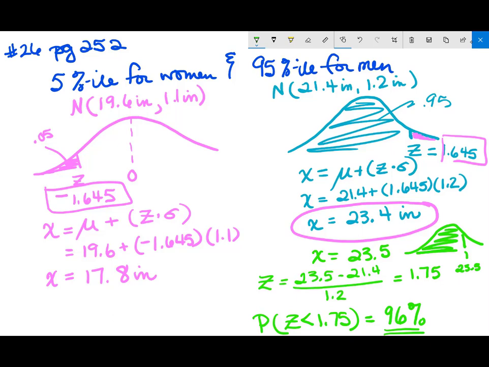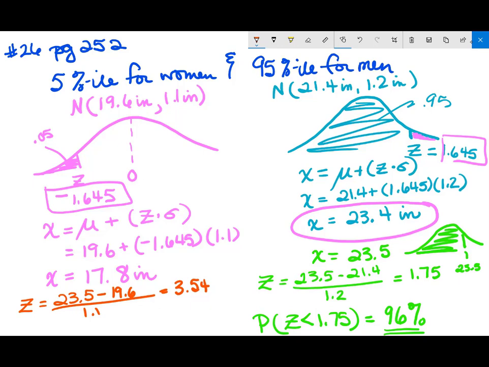Now let's do the same thing for the women for the same table height. This time my z-score is going to be 23.5 inches minus 19.6 divided by 1.1. So my z-score comes out to be 3.55. Now if you look at table A2, you can see it only goes to 3.5, which is almost everybody.